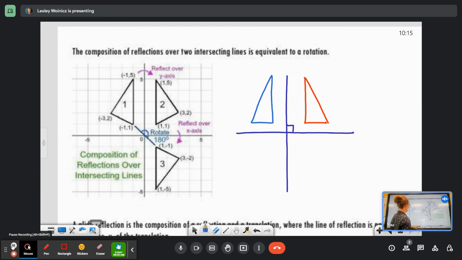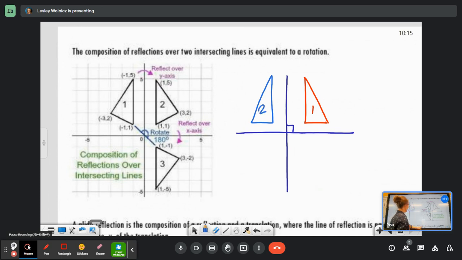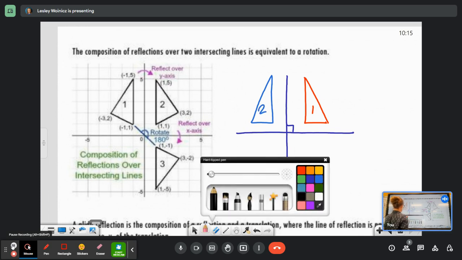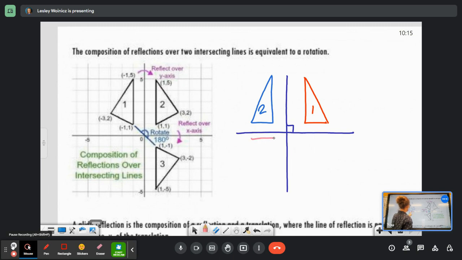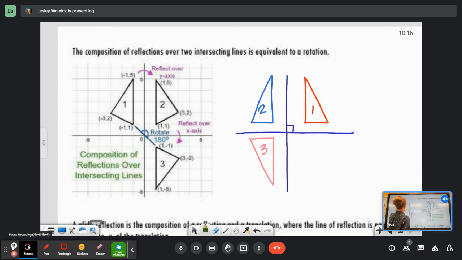I should label them like they did. So we can call this 1. We'll call this one 2. Now let's reflect it in the x-axis. Here's 3. That is the same as if I had rotated 1 all the way around 180 degrees to the spot where 3 is. Ta-da!